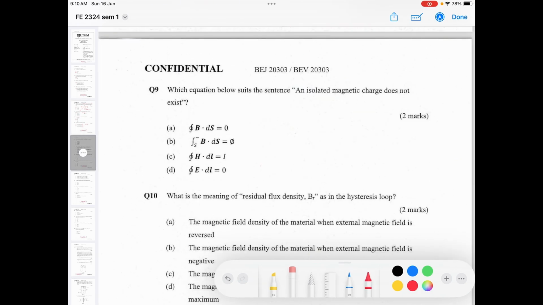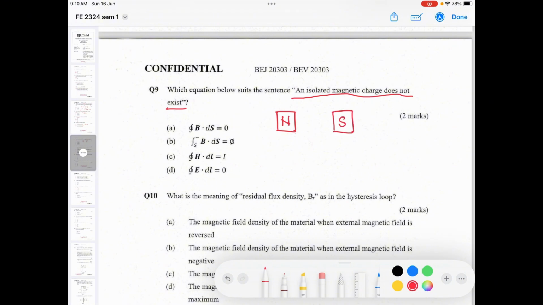Question 9. Which equation below suits the sentence: an isolated magnetic charge does not exist? Isolated magnetic charge means you have a north pole isolated from the south pole.